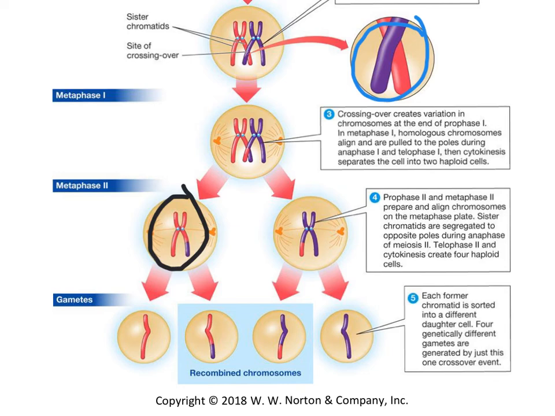And this chromosome is primarily from the individual's father with a little maternal mixed in. And then you can see how these gametes end up.